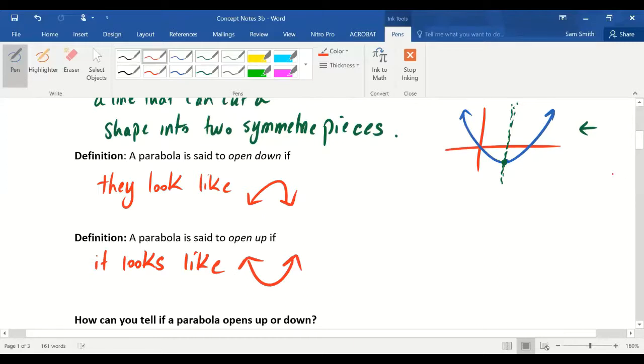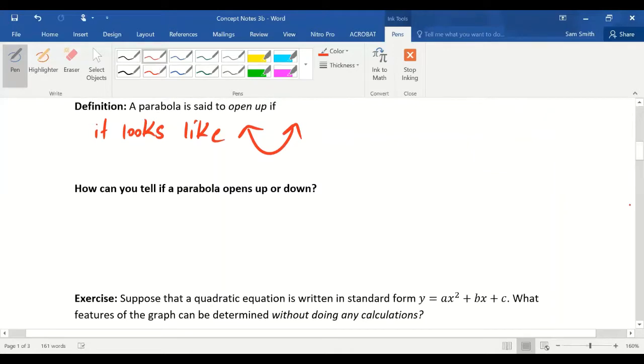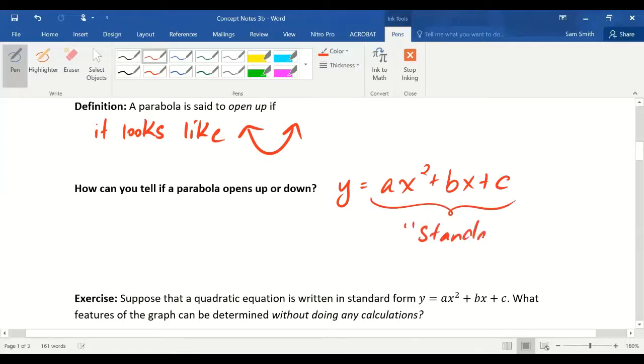Now, one of the nice things about parabolas is it's actually very easy to tell from the equation whether the parabola will open upward or downward. If you have y equals ax squared plus bx plus c, if this is in standard form, it's extremely easy to tell whether your parabola opens up like a smiley face or down like a frowny face.